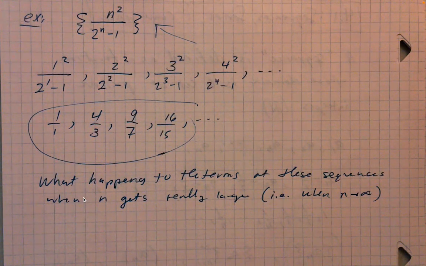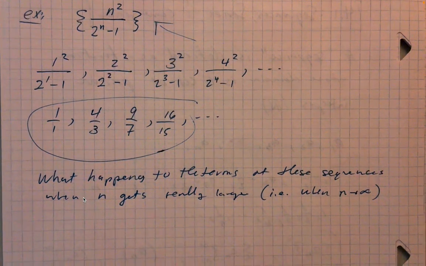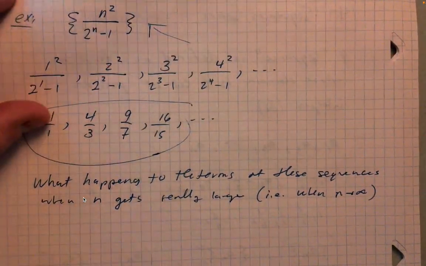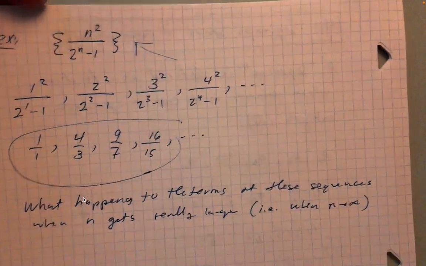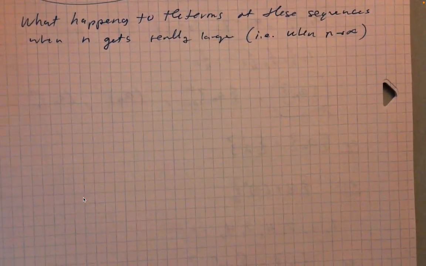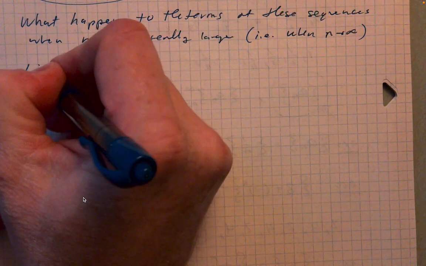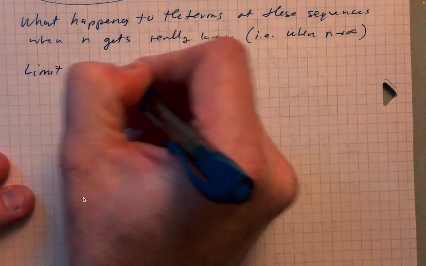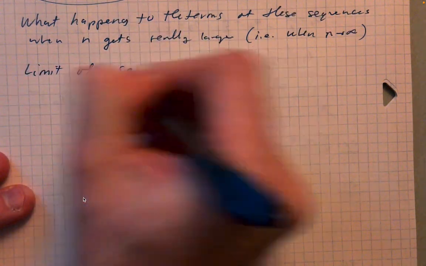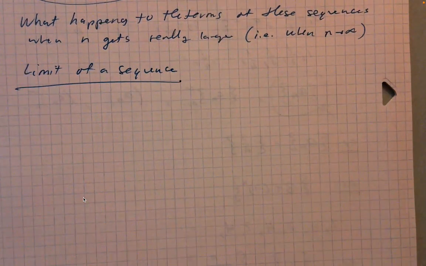What this kind of question boils down to is what happens in the limit, right? So the limit of a sequence. The focus of this section is going to be on sequences whose terms approach limiting values.